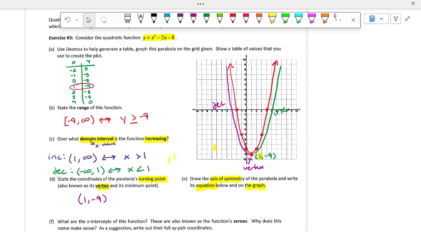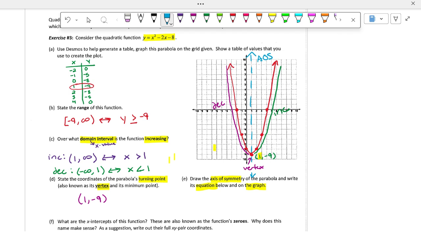All right. So my axis of symmetry, where it perfectly cuts in half, because remember, if I look, the y values start repeating. What's the only y value that doesn't repeat? -9. All right. So that means my axis of symmetry has to be where the only y value that doesn't repeat. So right here. So this is my axis of symmetry.